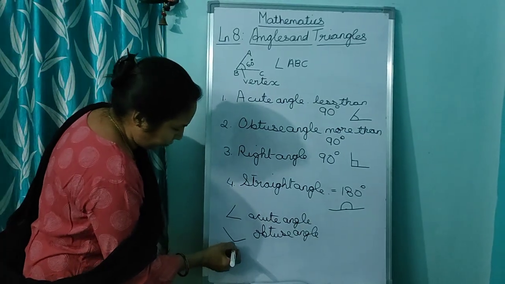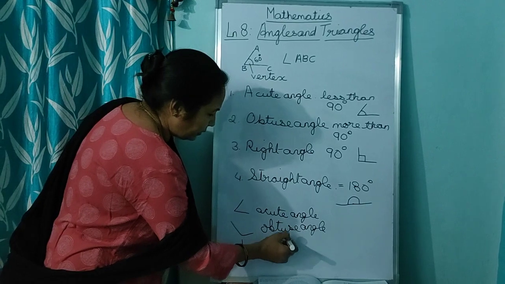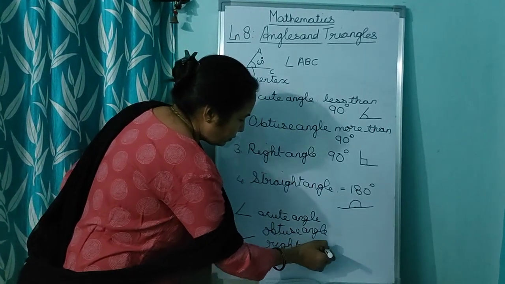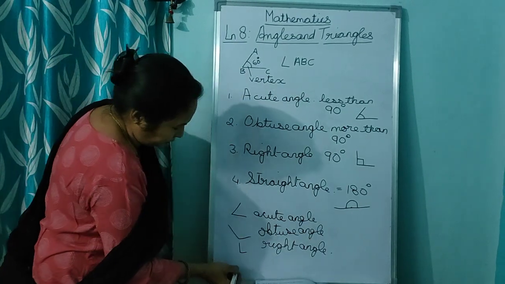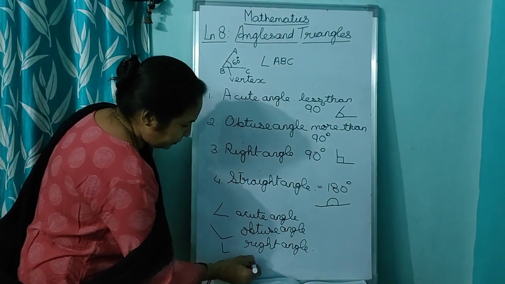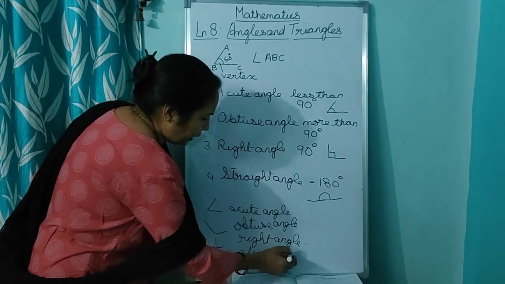And when you have like this, this is right angle. And when you have the shape of this, this is straight angle. Next children, I will teach you triangles.